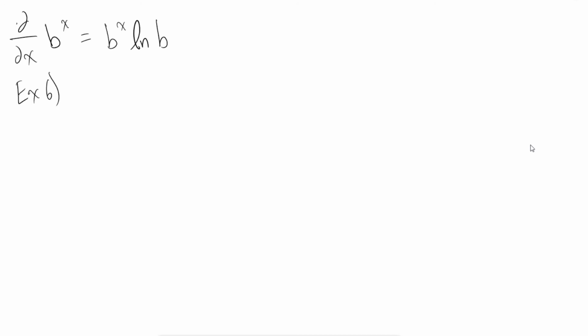So example number 6, find the derivative of y if y is equal to 2 to the power of x squared. Wow, we're just getting crazy here with our double power. So the derivative of y, or y prime, is equal to, well, first of all, it tells us it's b to the x, so 2 to the x squared.